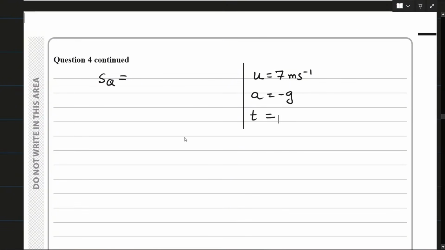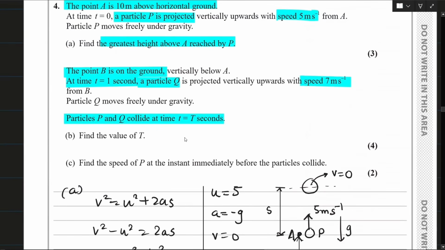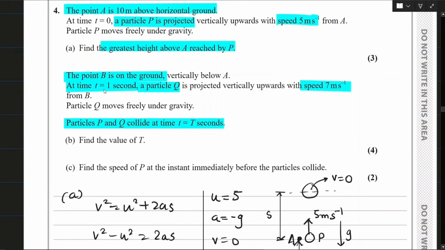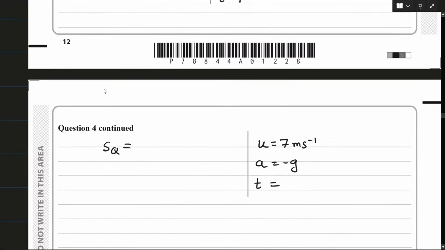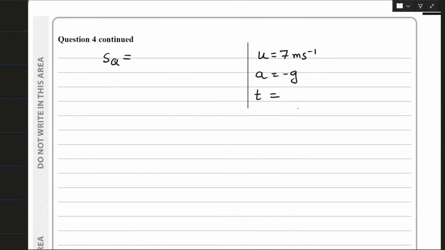We know that the two particles are not being projected vertically upwards at the same time; particle Q is delayed by 1 second. As particle Q is delayed by 1 second, we have to subtract 1 from t to make sure that their equations are correct.